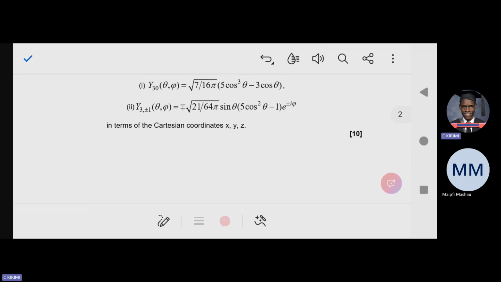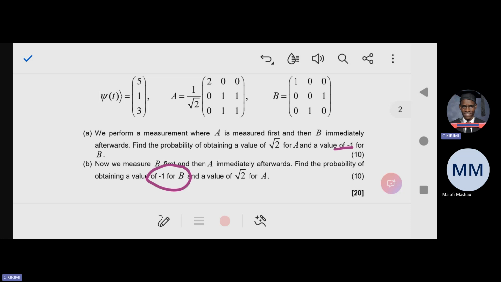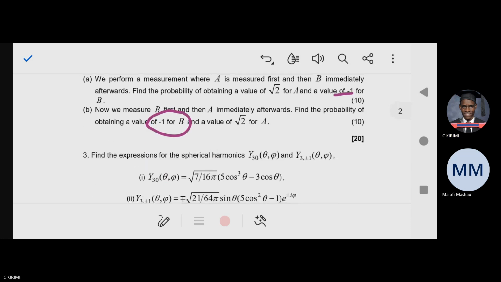We have cylindrical and then we have spherical coordinates. For spherical coordinates, we are having theta in terms of r and theta. Those will be your spherical coordinates.